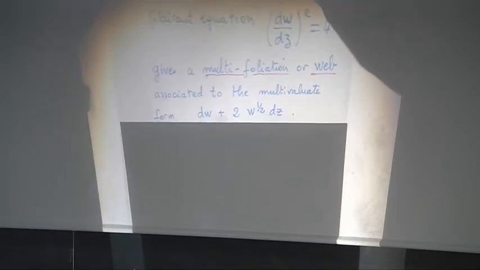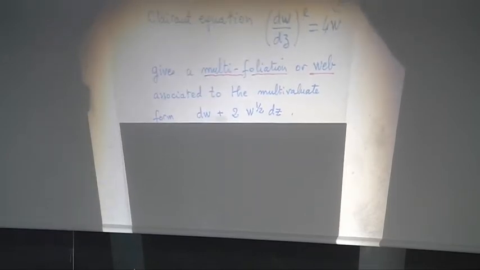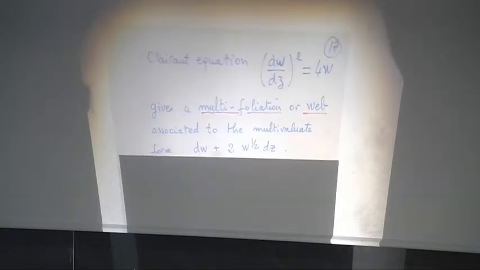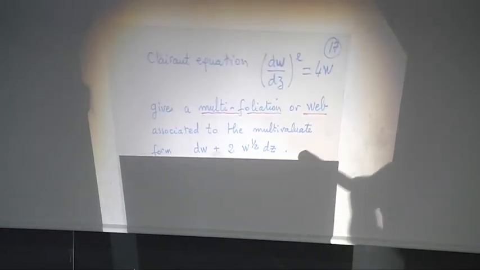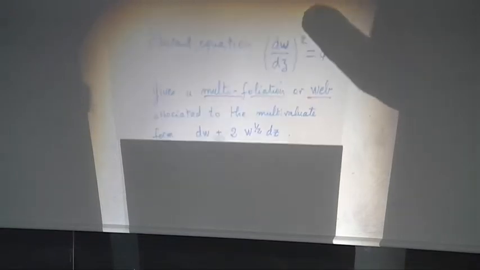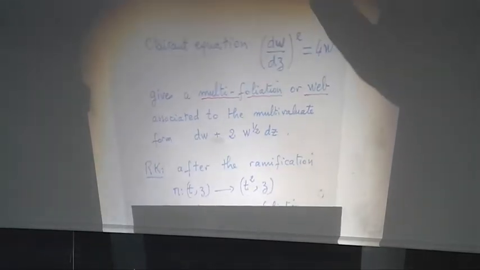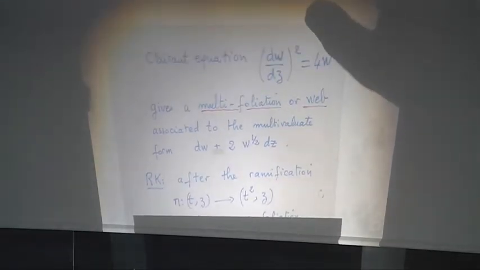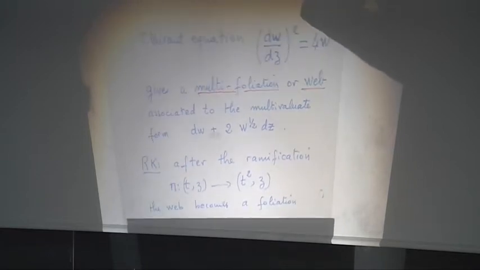So if you want an expression in terms of differential forms, the Clairaut equation gives this differential form with an exponent which is 1/2. So it is a multivalued one-form. But if you make this type of ramification, W equal to t squared, then the web becomes a foliation.